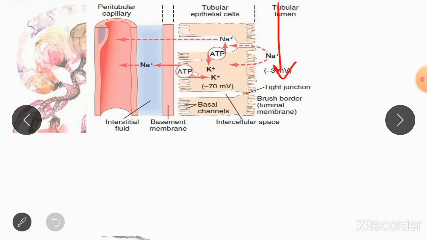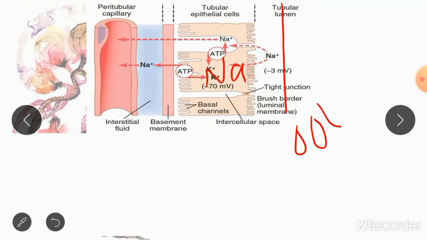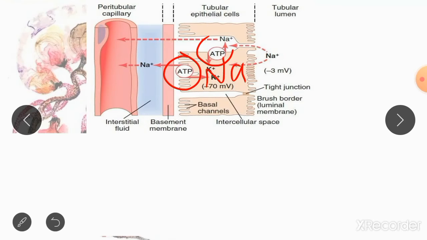But as time passes, sodium is going to start accumulating in the cell and the gradient is going to disappear. Then no further sodium can be reabsorbed in the cell, and this may lead to excretion of sodium in the urine, or loss of sodium in the urine. We cannot allow this to happen. So to maintain a gradient, there are sodium potassium ATPase pumps at the lateral and basal surfaces of the epithelial cells.